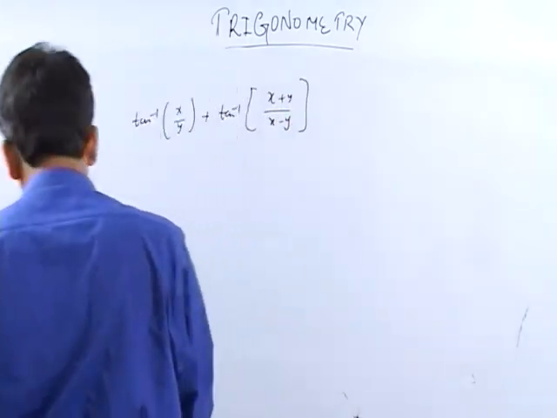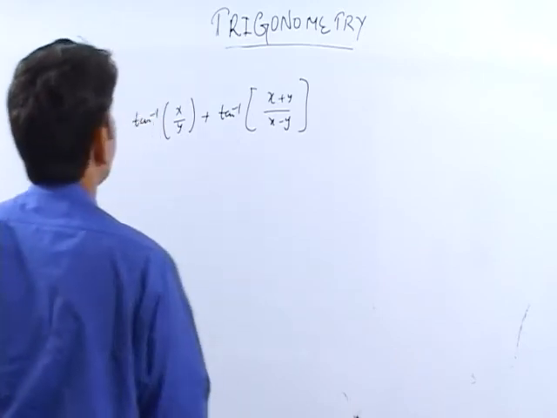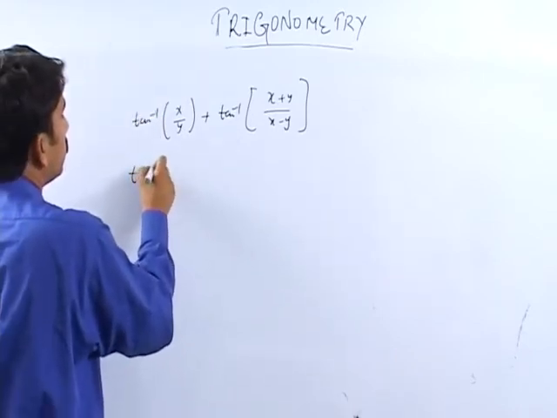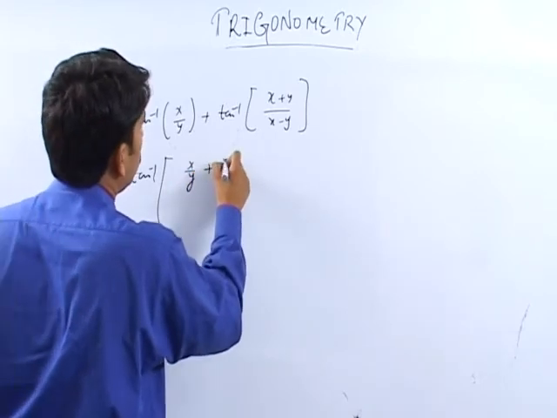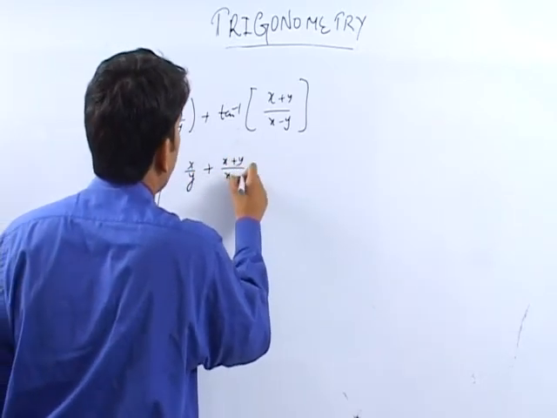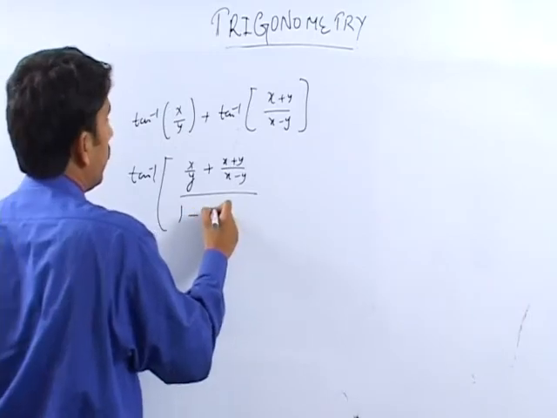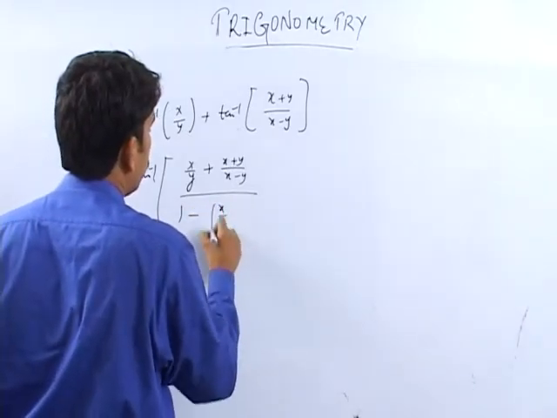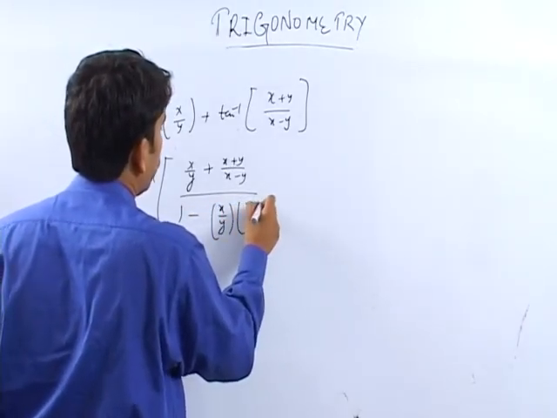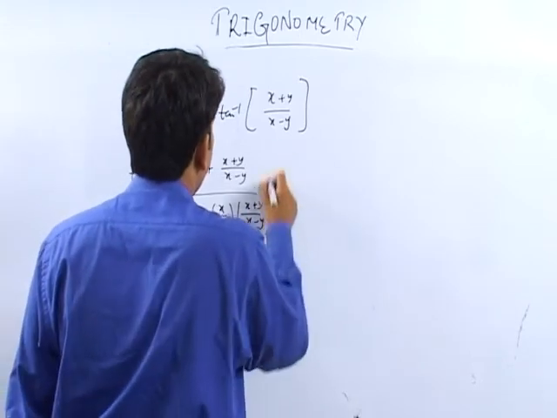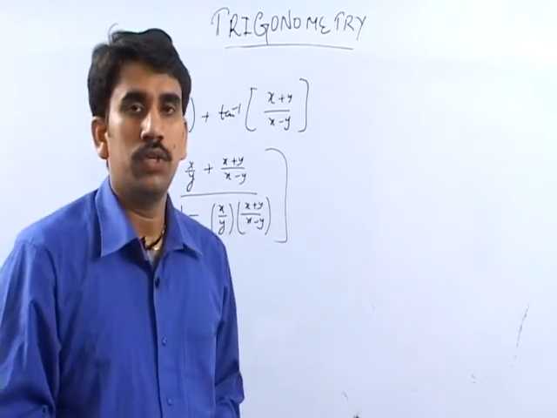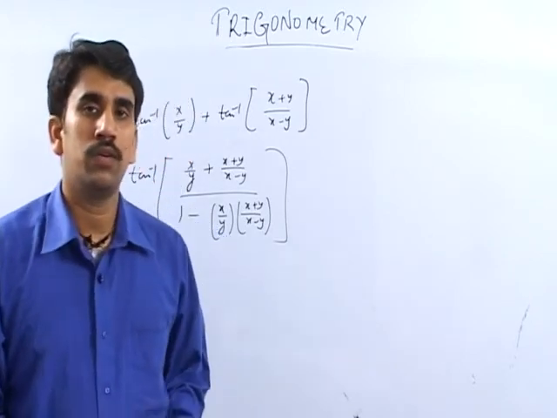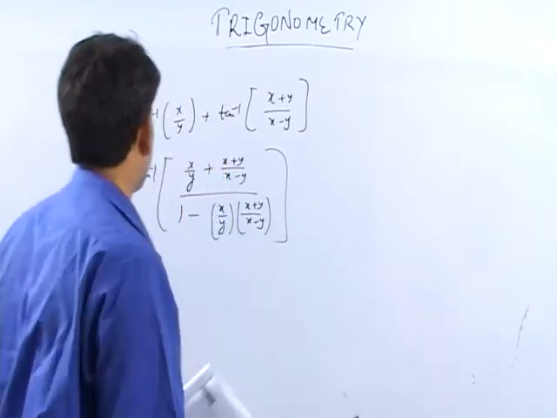Now this will be equal to tan inverse x over y plus x plus y over x minus y whole over 1 minus x over y into x plus y over x minus y. This is by the formula that tan inverse x plus tan inverse y is equal to tan inverse of x plus y over 1 minus xy.